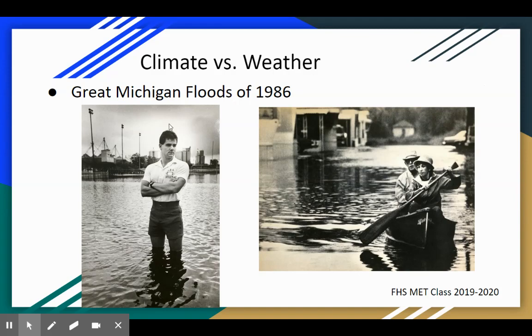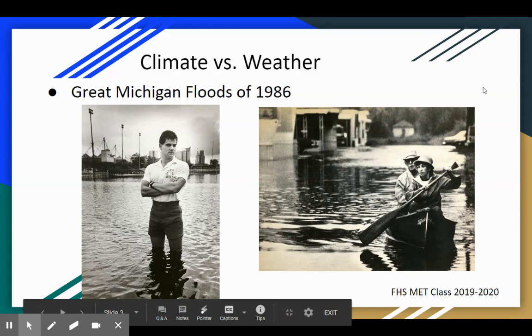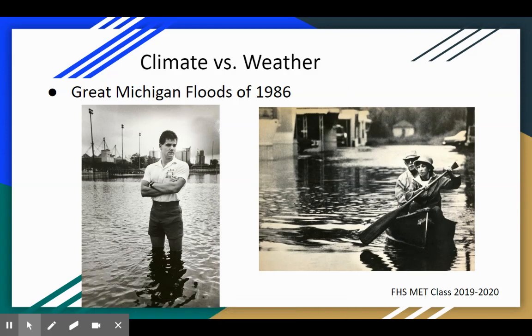The first picture over here to the left is actually at Lowell High School. That's one of the football coaches standing on the football field in Lowell High School. And I believe this picture over here is from Muskegon, Michigan. So boating down the road in Muskegon.